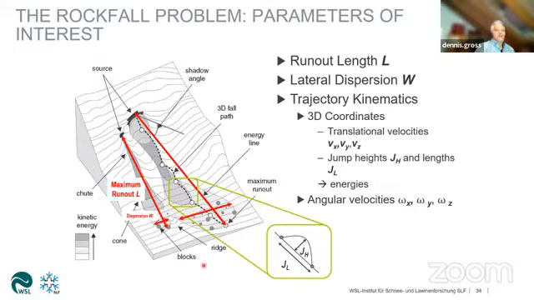So some of the parameters of interest, a repetition, I told you before already, will be, of course, the trajectory, then in a 3D model, there come all these implications of the 3D coordinates, which will eventually rule the translational, but also the rotational velocity of a rock, will rule the jump heights and the lengths, and then consequently, of course, the energy of a rockfall.